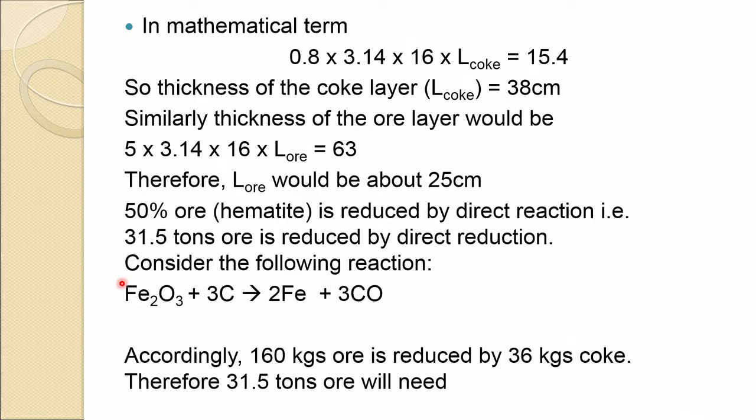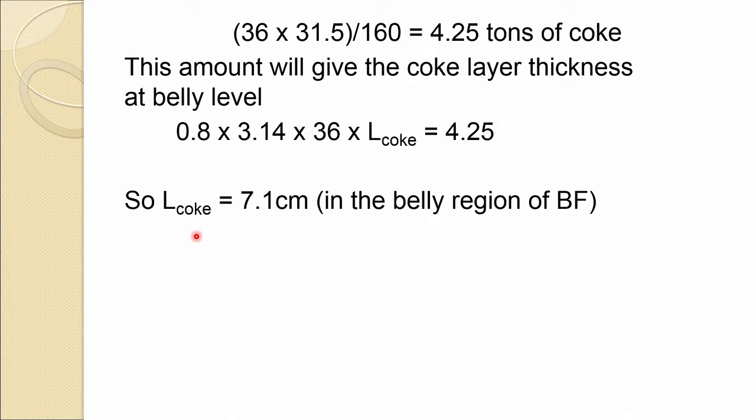So, according to this, to reduce 160 kg ore you need about 36 kg coke. So, reducing 31 ton ore you will need about 4.25 tons of coke.